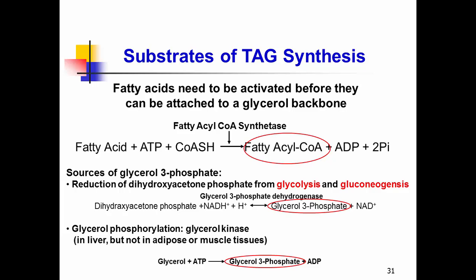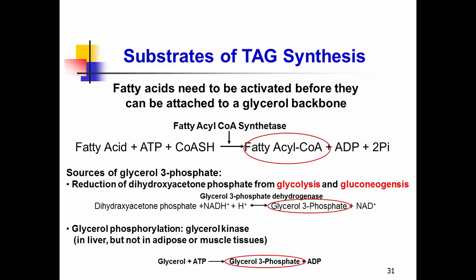And this is the enzyme called glycerol 3-phosphate dehydrogenase, right? It catalyzes the generation of glycerol 3-phosphate. And another source of glycerol 3-phosphate is that glycerol can be directly phosphorylated to glycerol 3-phosphate, right? And this reaction is catalyzed by glycerol kinase.